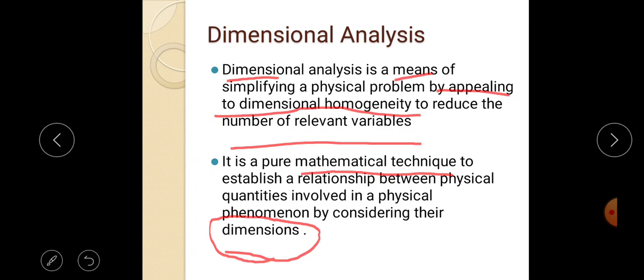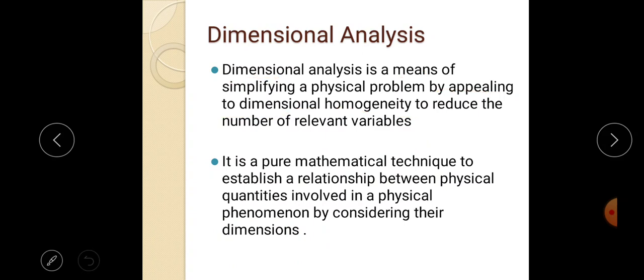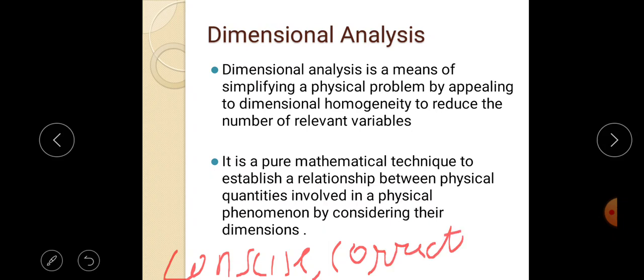It might also be expected that the method should be applicable to a wide range of problems. The point to note here is that the method should be applicable to a wide range of problems, and the technique must be concise, correct, and consistent.